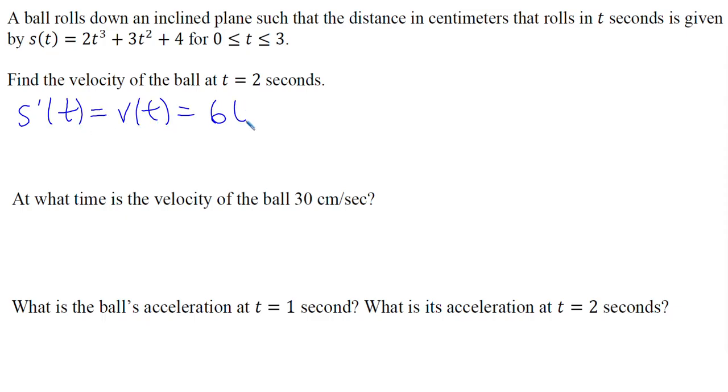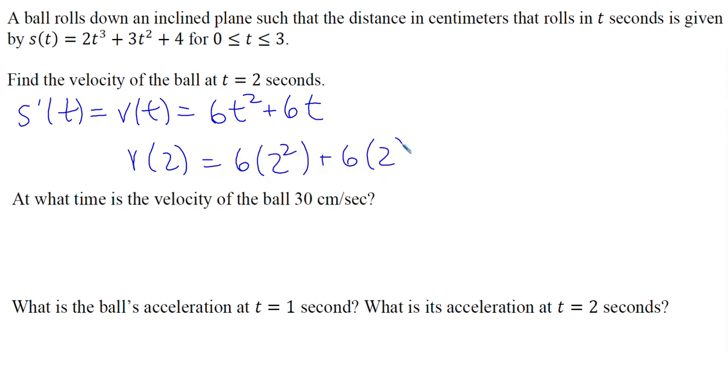That'll be 6t squared plus 6t. And so then we want to find the velocity at 2, so we'll just evaluate that at 2. Well, 6 times 4 is 24, 6 times 2 is 12, we end up getting 36. This time our units are centimeters per second.